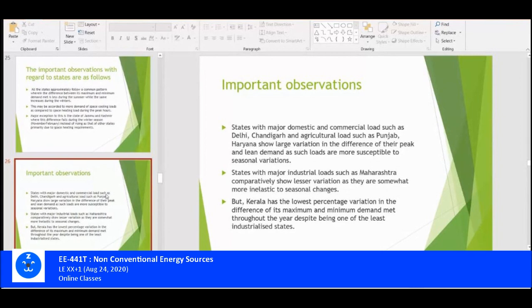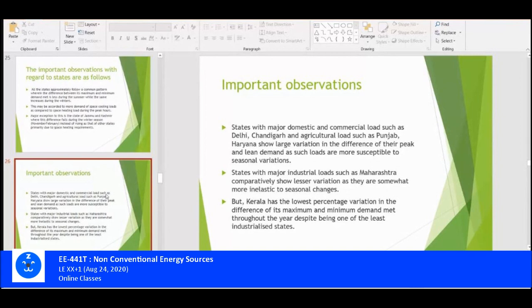And if the monsoon situation is not good, definitely things are going to be very difficult, and we need to supply more and more power to meet the requirement of our farmers. States with major industrial loads such as Maharashtra comparatively show lesser variations, as they are somewhat more inelastic to seasonal changes.